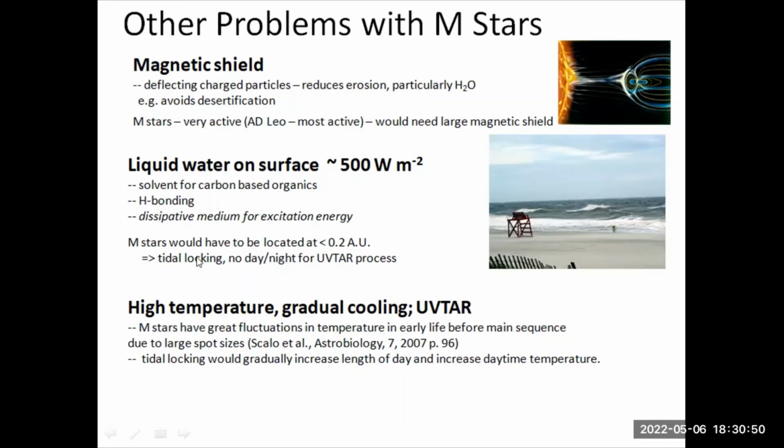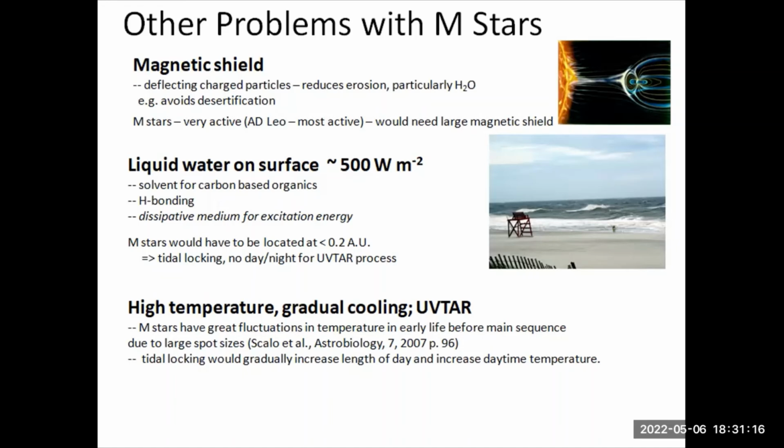And that would mean tidal locking, like what has happened between the moon and the Earth. We see only one side of the moon because it's tidally locked with the Earth, so its rotation on its axis is exactly equal to its revolution time around the Earth. And the same will happen with these M-type stars and their planets.